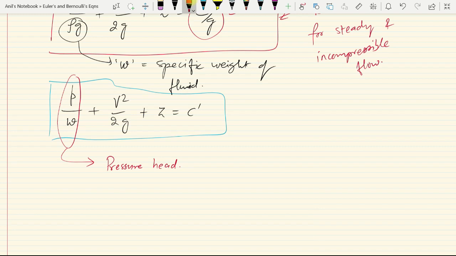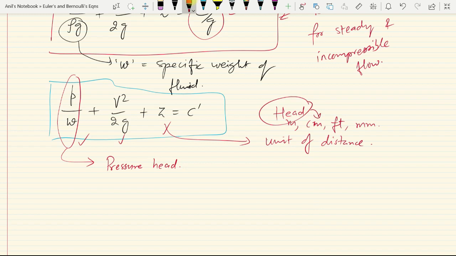So in this equation, every term will have unit of distance. They will be in meters or centimeters or feet or millimeters. So that is called as head in terms of water height. Pressure head. Second term is called as velocity or kinetic head.